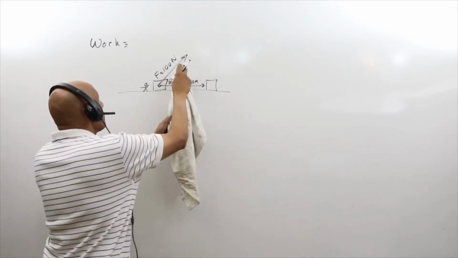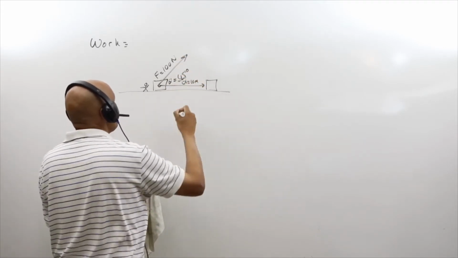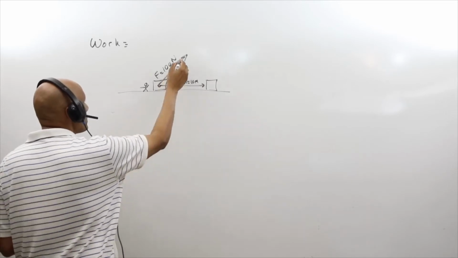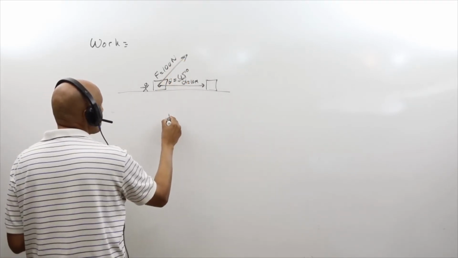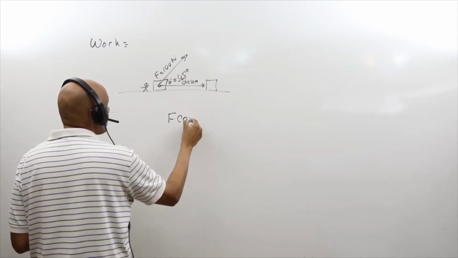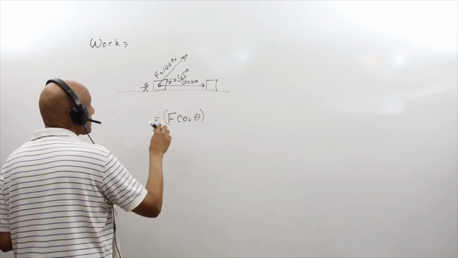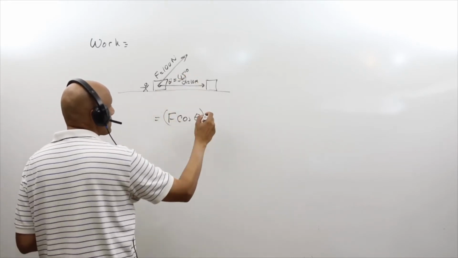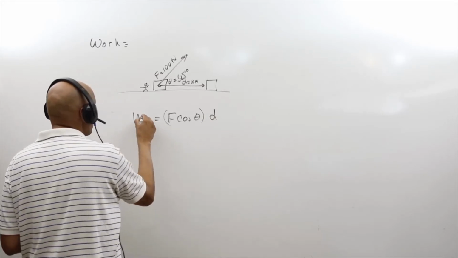Actually, let's make it 45 degrees. And so the projection of F onto the direction of D would be given by a force, which is F cosine of theta. That's the force that's parallel to the displacement. And then the displacement is D. And this is defined to be work.